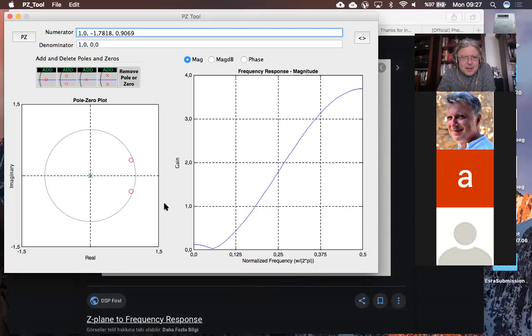Now, what is it doing? Here, this is a system with a single pole and two zeros. And as you see, the zero is at a low frequency. Therefore, the distance from this zero to the unit circle, the gray circle, will be very small.